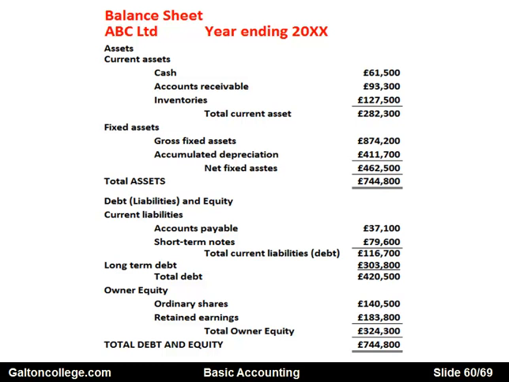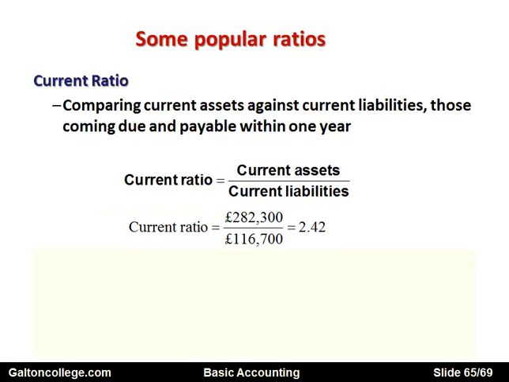So if we take those two figures and work it out, the current ratio is 2.42, which means its current assets are more than twice its current liabilities, which means the business is in good shape.